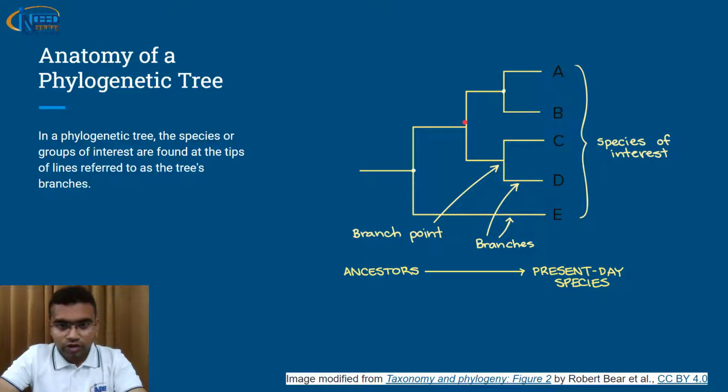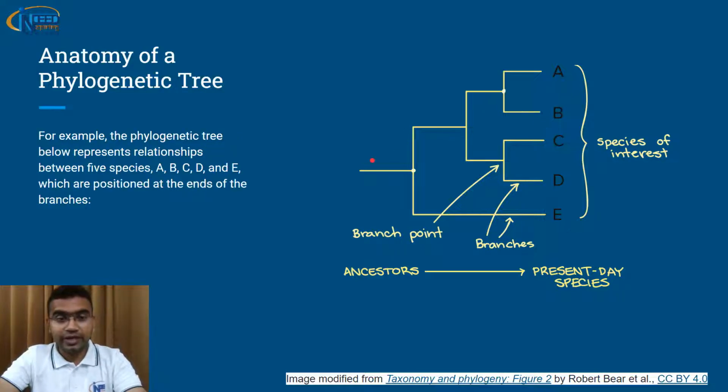Further moving up the tree, this is again a branch point representing a common ancestor. The branch point where the C and D branches split is the common ancestor of C and D. But AB and CD also have a common ancestor, which is here. So this is how we try to understand a tree.